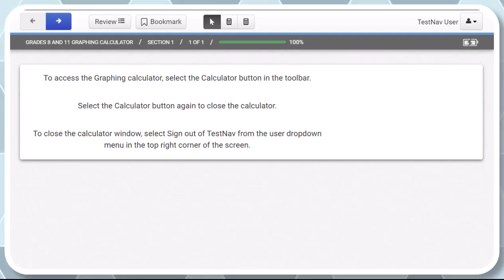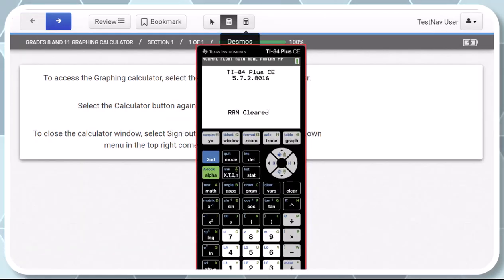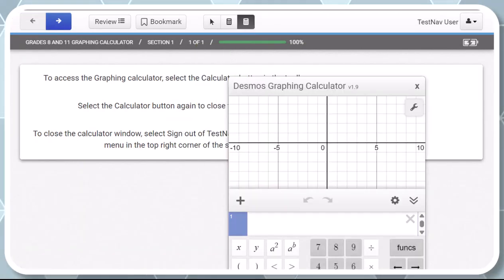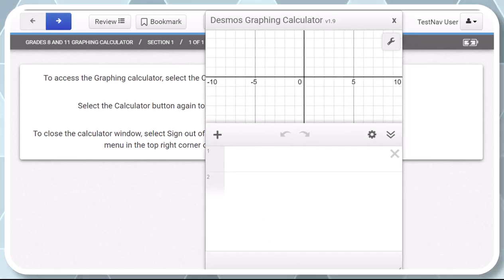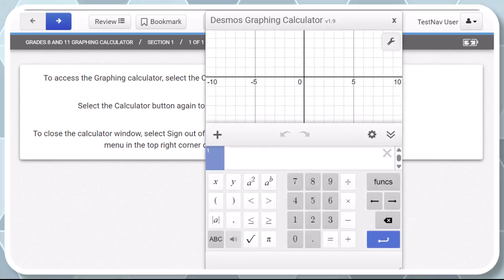This test nav has a TI calculator and also just a baby Desmos right here. So we can put in y equals 2 over x plus 1.